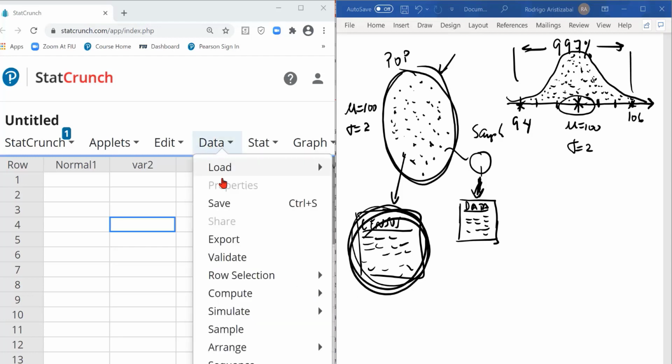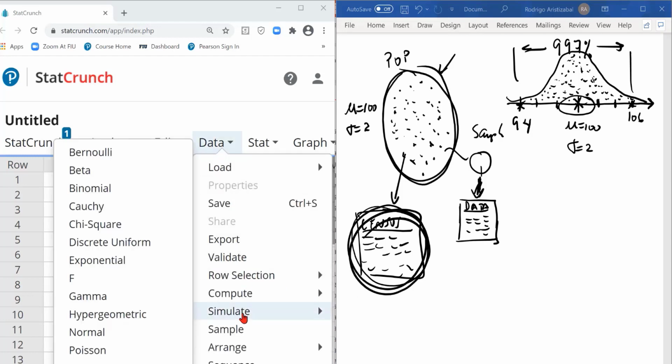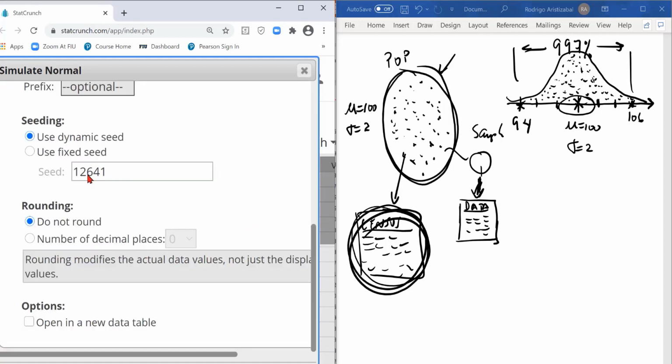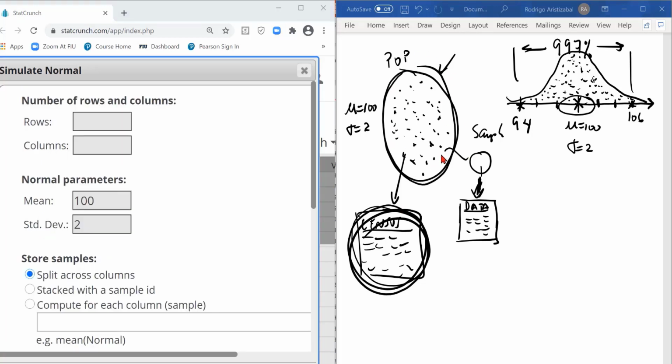Here in StatCrunch, let's do a simulation, and the distribution will be normal, and we know that the mean is 100 because in a simulation we know the parameter, and the standard deviation is 2. In this case, the seed is 12,641. I will explain later what it is. Let's use no decimals in my sample, and we are going to select from this population 30 observations.